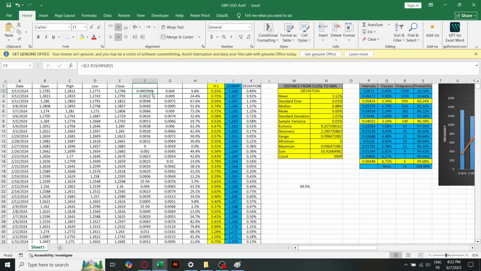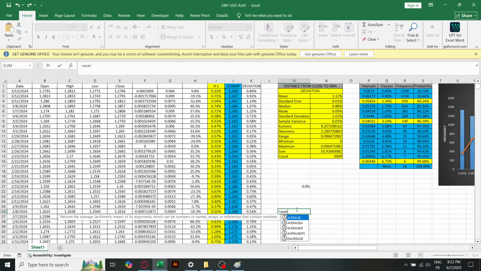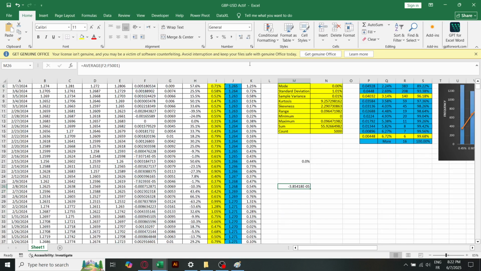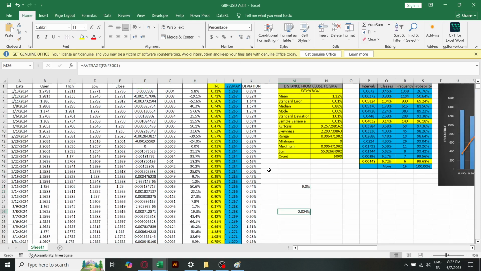So if I just go like this and then type the same, the average return is... wait, I think I made something wrong, or I made nothing wrong.